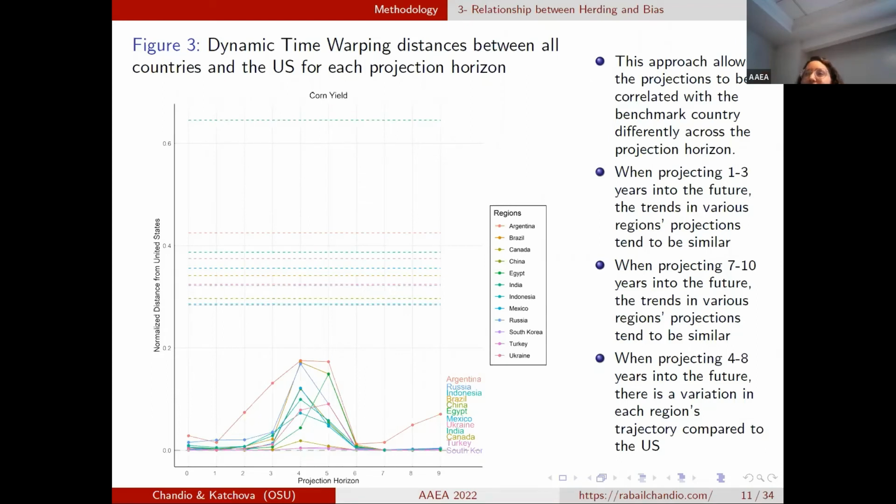If globally I'm expecting that the US is going to have a 10% increase in yield, then I will say that China and Brazil should all have about 10% increase from where they started. So the end points and the start points are following the same trend, and in the middle they're allowed to have whatever variations they have.